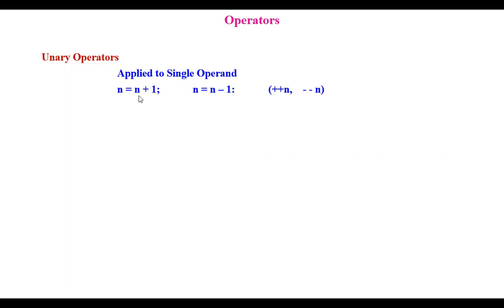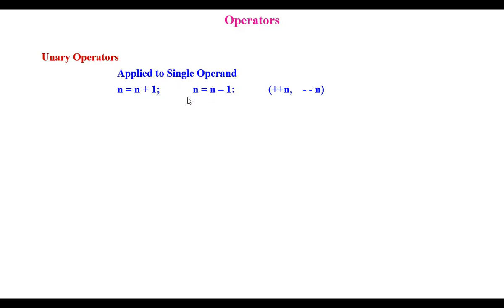So what is happening here? Initially, suppose n is equal to 1. 1 plus 1 becomes 2. Now, after this statement, the value of n is not 1, it has become 2. Suppose if n is equal to 100 initially, now 100 plus 1 becomes 101, so from now onwards n value becomes 101.